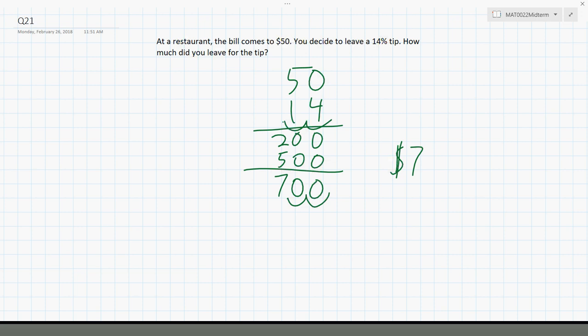You could do that, yes. But say I just turned this 50 into 100, then I would be leaving a 14% tip equal to $14. And because I multiplied this by 2 to get that, I divided this by 2, and that would give me the $7. This is like a back way to check my math. Okay?